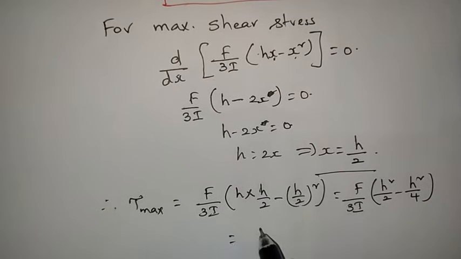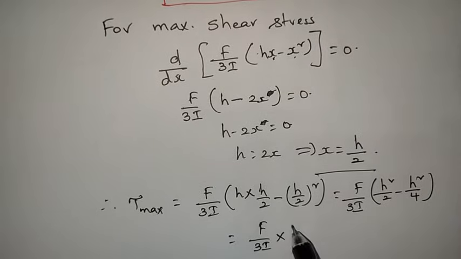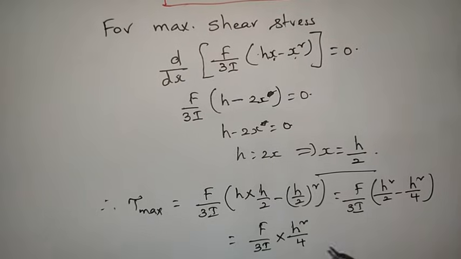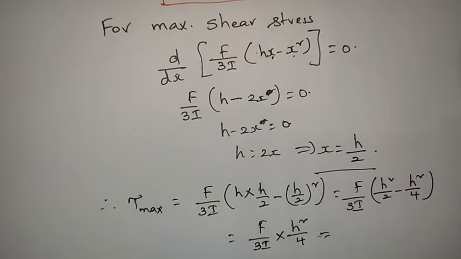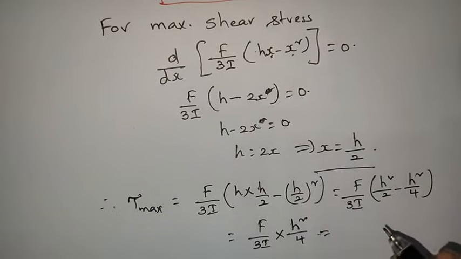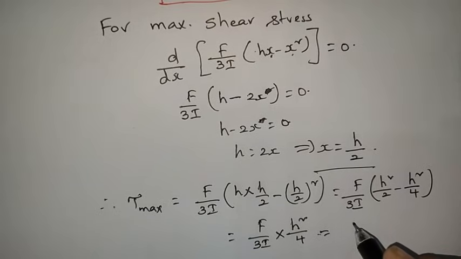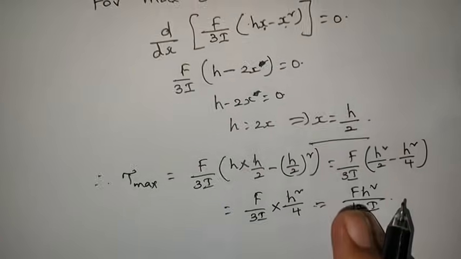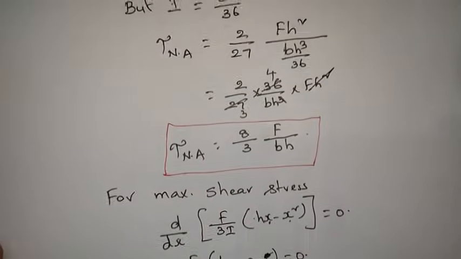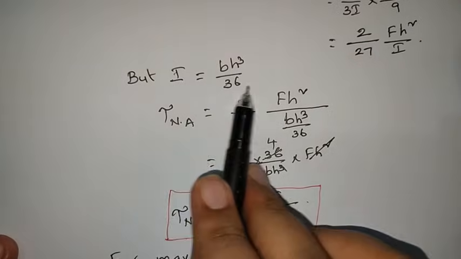So that equals F by 3I into, this value will be h square by 4. So that equals Fh square by 12I. Now substitute the I value also. What is I? It equals bh cube by 36.